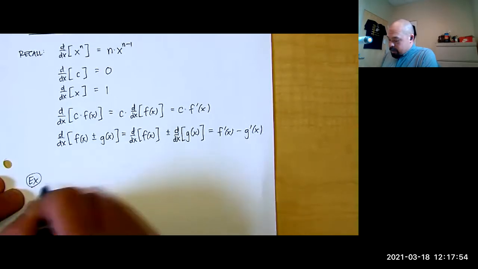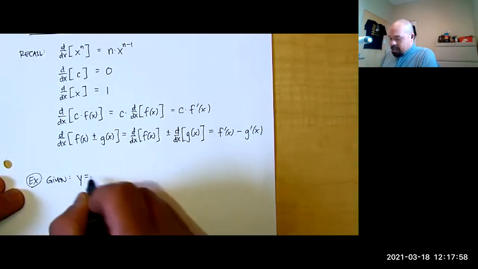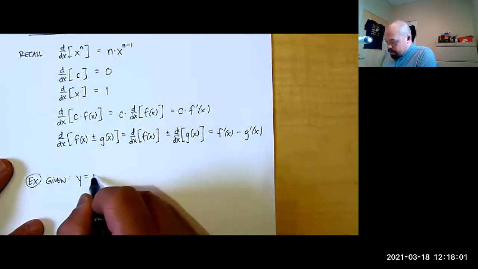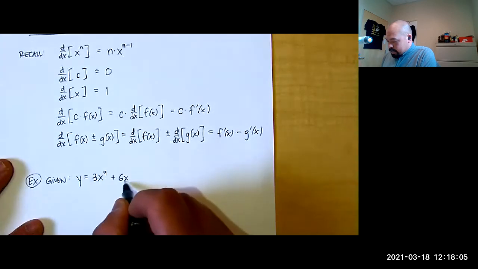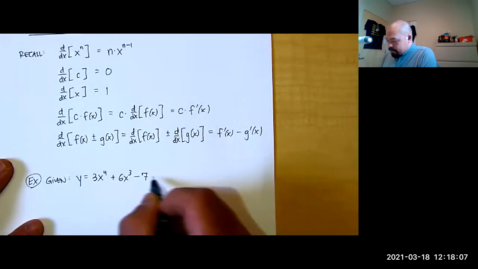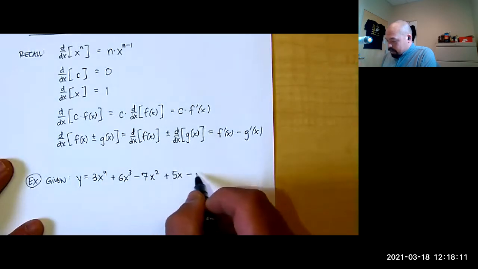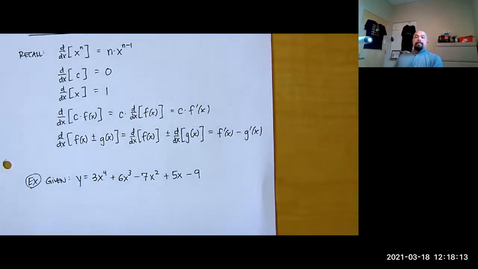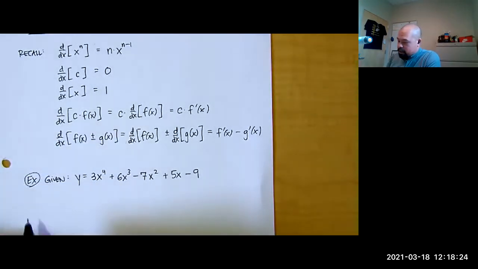So for example, let's say we're given y is equal to 3x to the 4th power plus 6x cubed minus 7x squared plus 5x minus 9. I'm not going to worry about trying to factor or simplify anything; of course, combine like terms if that was there.